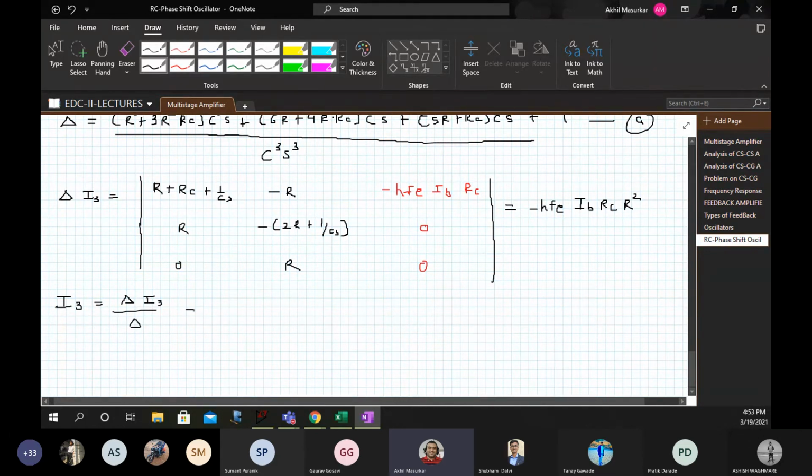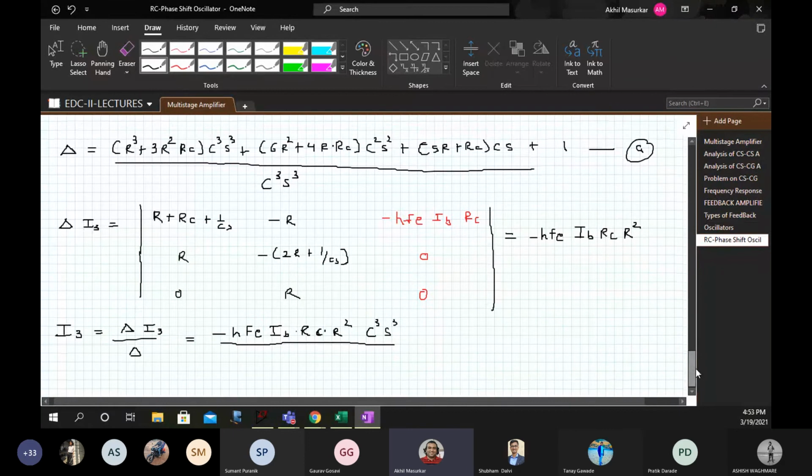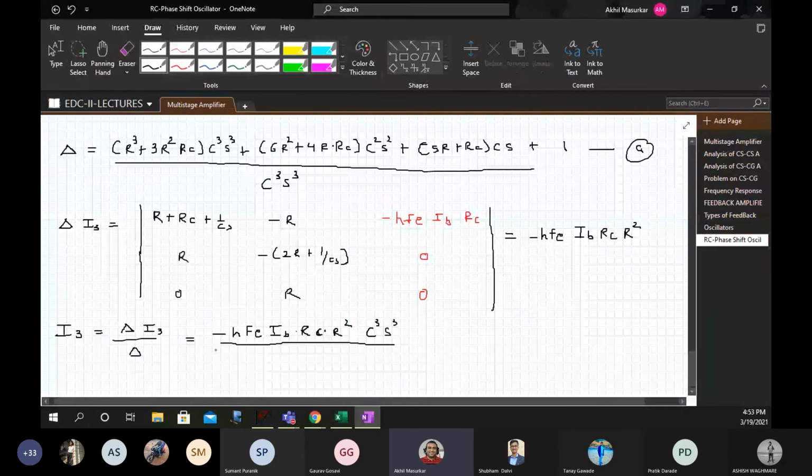So that is going to be minus HFE IB into RC into R square. So this denominator will come up. So I will write here C cube S cube, this entire thing upon this big bracket. So what was this big bracket? Let us write that.